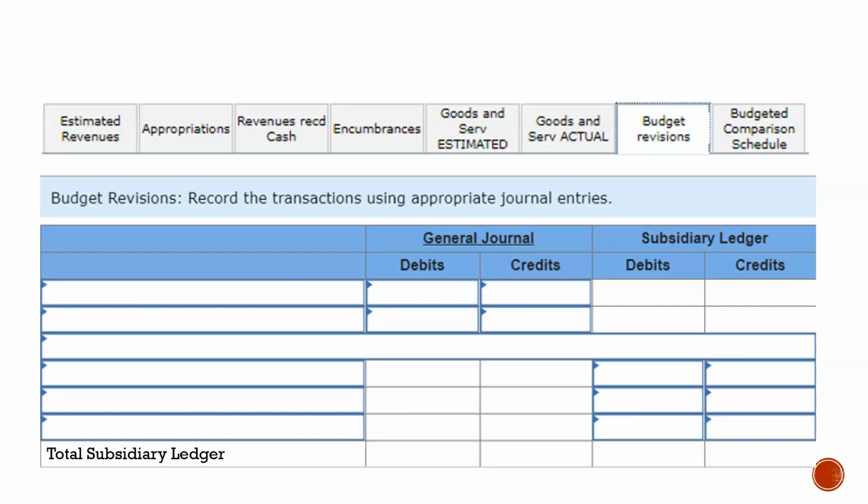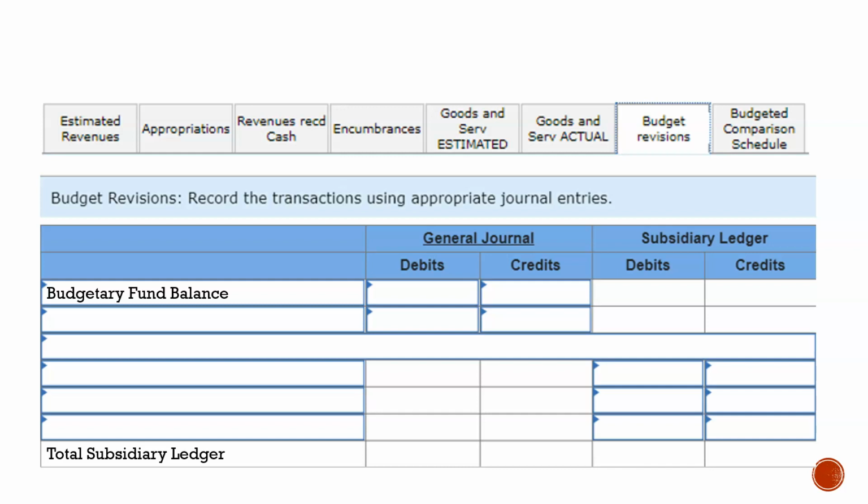And finally, we've got that budget revision, right? Recall that we said we needed to increase appropriations in two different categories, right? So how do we do that? Well, if we want to increase appropriations, then we're going to need to debit that budgetary fund balance to decrease it because, again, just as a reminder, that budgetary fund balance is kind of your equity account. It is your estimated revenues in excess of your appropriations.